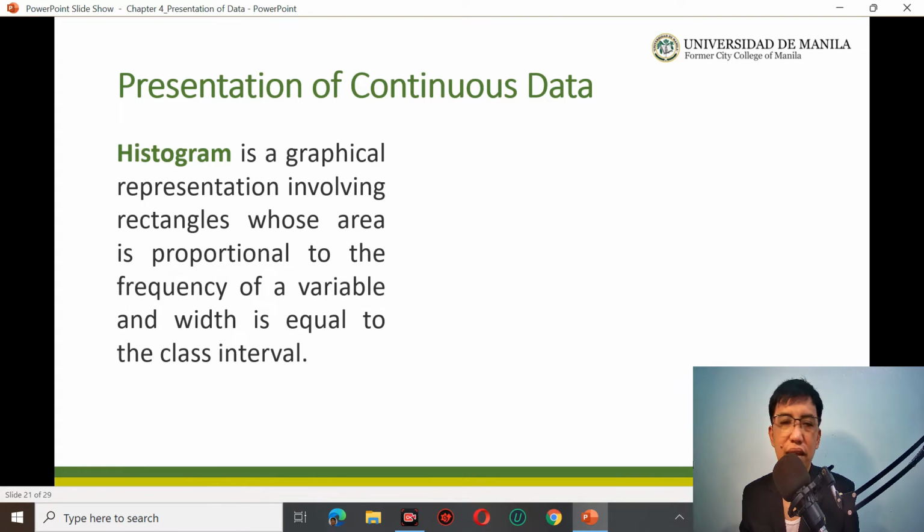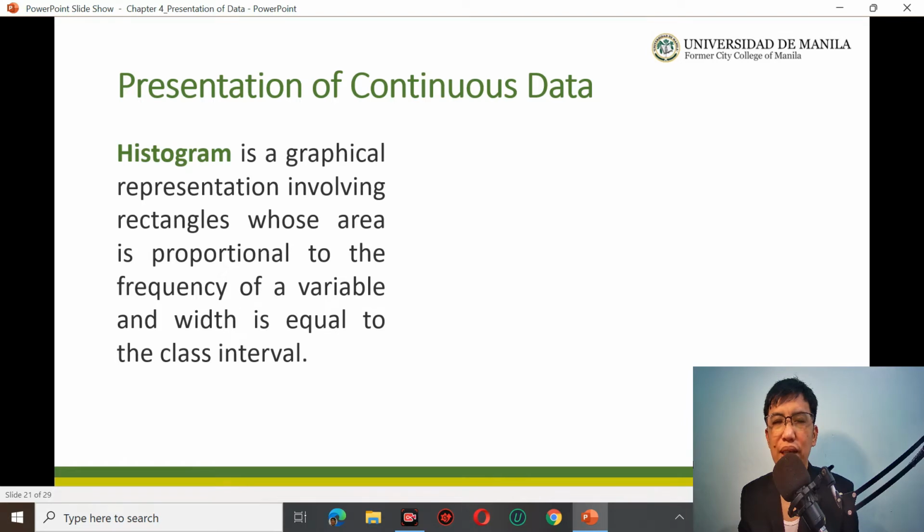And for the presentation of continuous data, we have the histogram. It is a graphical representation involving rectangles whose area is proportional to the frequency of a variable and width is equal to the class interval. Tawag nito, when you were in senior high school, siguro nag-construct kayo ng probability histogram.